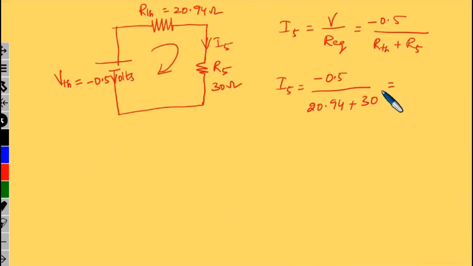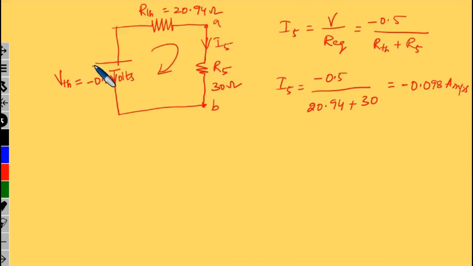So the value of the current flowing here is minus 0.098 amperes. And as it is minus, we can see that instead of flowing from point A to B, it is flowing from B to A.